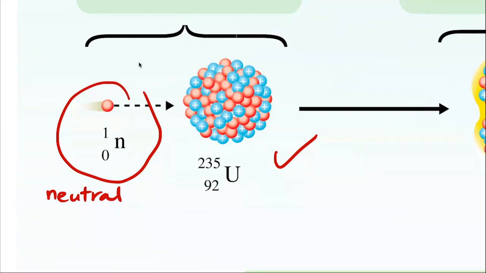If we use a proton to bombard the uranium nucleus, which consists of protons and neutrons, it is quite hard because the same charges will try to repel each other. But if you use an electron, what will happen?